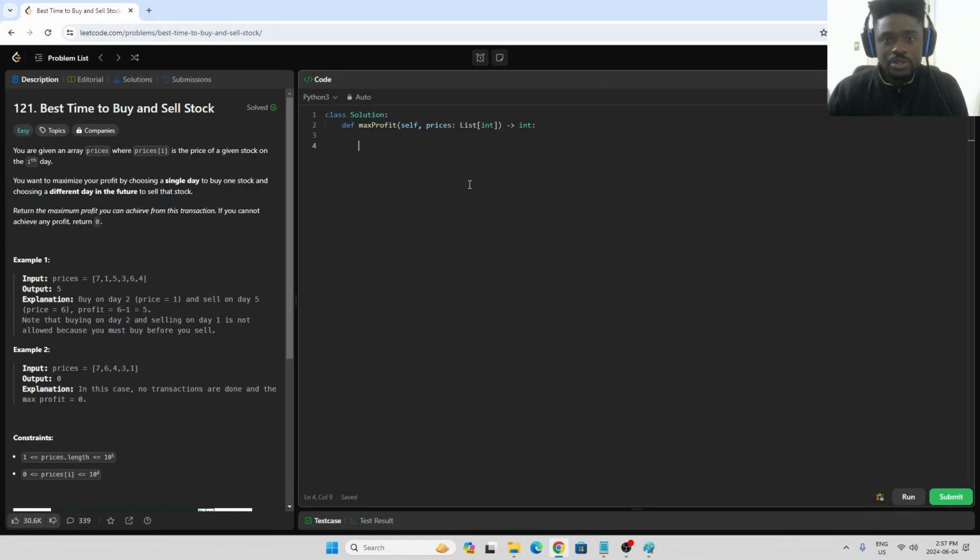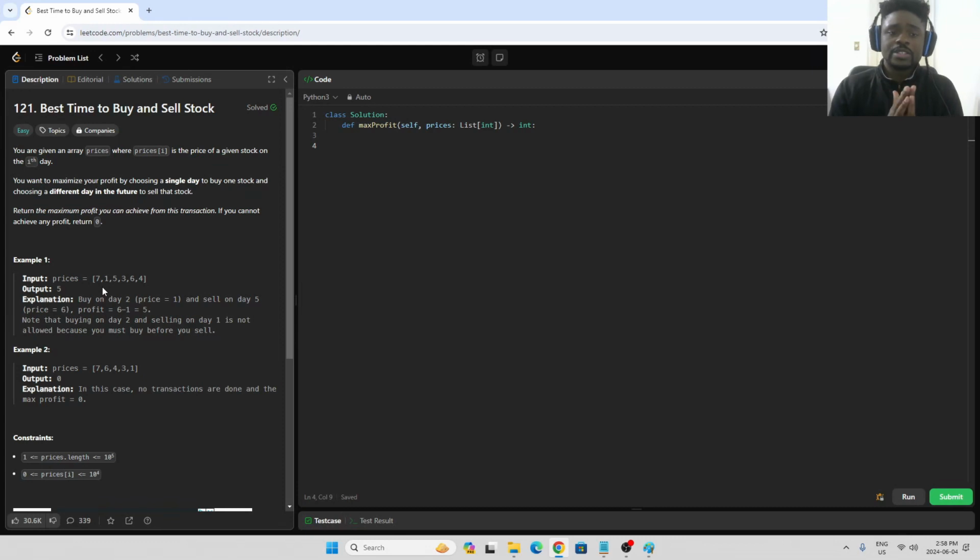A better solution here is to use the sliding window technique. The sliding window technique just involves us increasing or shrinking our window based on particular conditions. For example, in input 1, we can have our window start off at size 1, and we want to increase our window if we know that the price at a subsequent day is greater than the price at the current day.